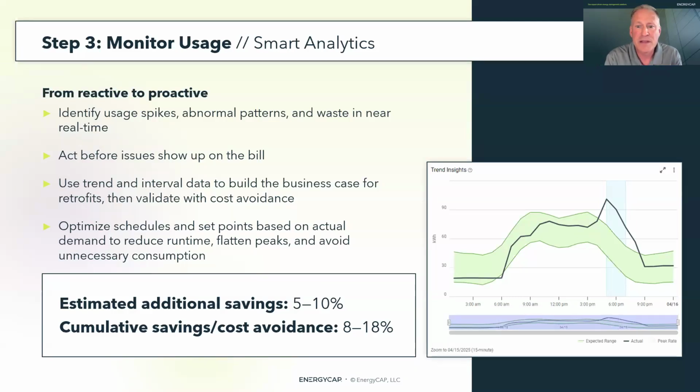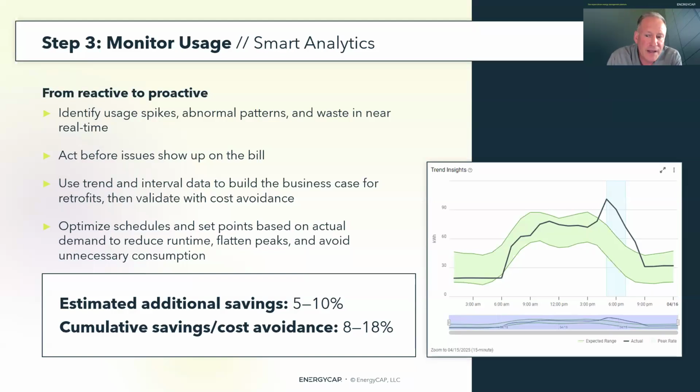I want to talk about the chart in the bottom right-hand corner and explain it a little bit so you can appreciate how this could be helpful in your organization. In this graph, the green area going across is a calculated representation of where the energy use should be occurring over time.